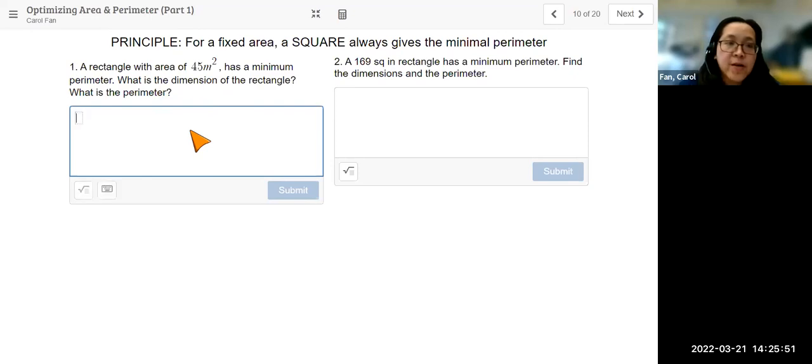Well, first of all, I know that the area is 45, but I also know that the area of a square is equal to side squared, or length squared, or W squared.